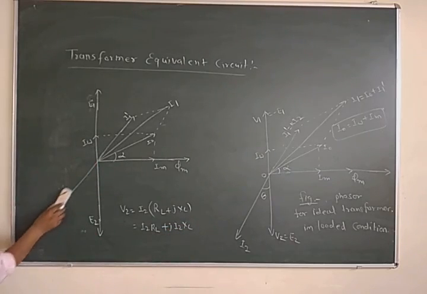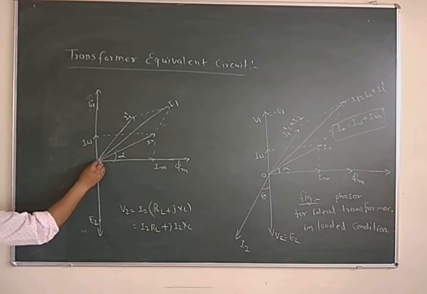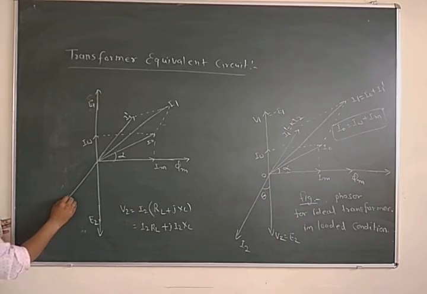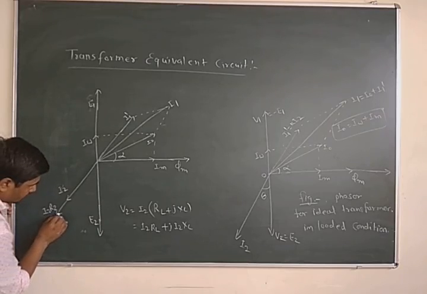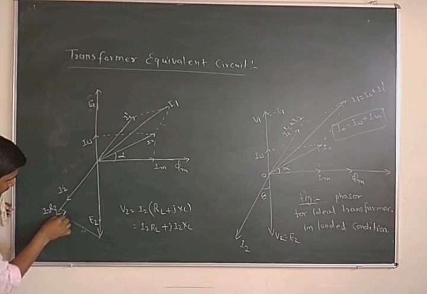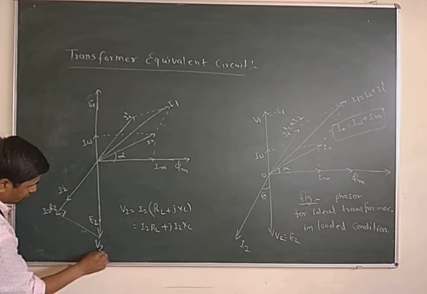Here from this circuit figure, we can draw this current I2. So I2 R2 is here, and I2 jX2 is here. So this is V2.